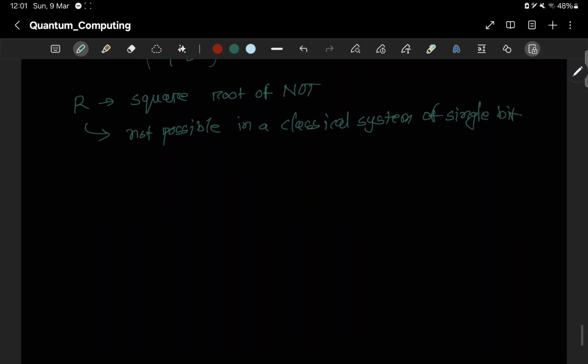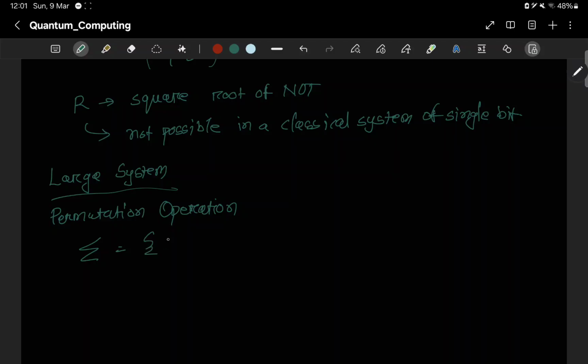We can have such unitary operations for larger systems also. So let's take an example of a permutation operator. Let's consider a system whose state set is 0, 1 and 2, and define a unitary matrix 0 1 0, 0 0 1, 1 0 0.